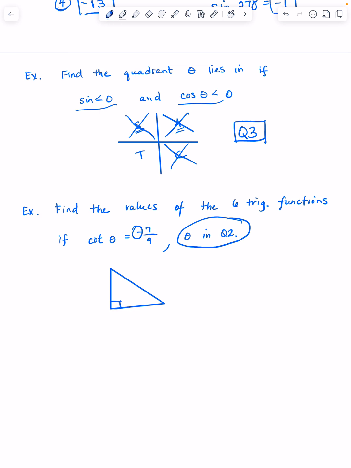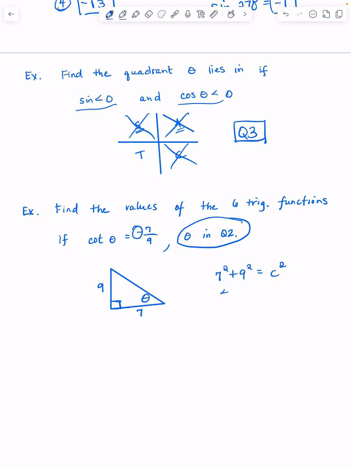So let's label our theta. We know that cotangent is the reciprocal of tangent. Tangent is opposite over adjacent. So cotangent is adjacent over opposite. So we've got 7/9, adjacent over opposite. I need to find my hypotenuse here. So I'm going to use the Pythagorean theorem, and I know that 7 squared plus 9 squared is going to equal my hypotenuse squared.